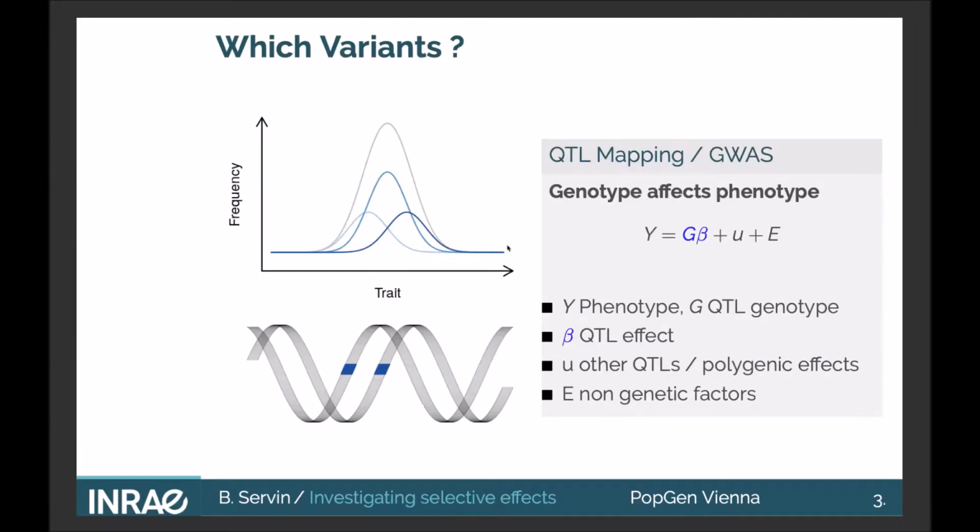So we have this kind of modeling idea that the trait Y is linked to the genotype, to some causal functional effects, maybe at the QTL, but there are also, of course, other variants in the genome that affect the trait, which we could call polygenic effect, and then some non-genetic factors. So that's one way of doing it. I want to mention that when we fit this kind of model, we need to specify a model of action of the genotypes on the trait, right? Usually we'll assume there is some shift in the mean, but that's a linear model.